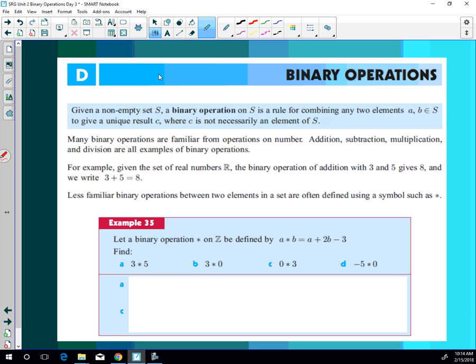I gave you this example yesterday. If I took 3 star 11 and I got, let's say I got 36. Okay, what would 2 diamond 5 be?